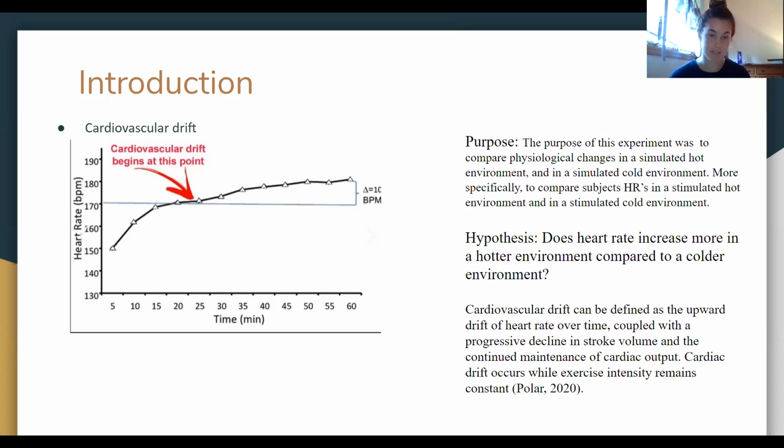And the heart rate must continue to increase, since stroke volume is decreasing, and this helps maintain a constant pace or effort in exercise and cardiac output. However, going past the maximal exercise does not give the cardiovascular system enough time to completely fill the heart with blood, thus resulting in a decreased stroke volume.